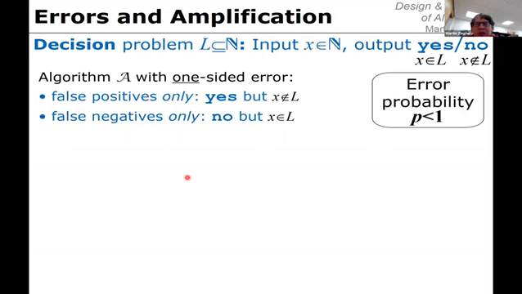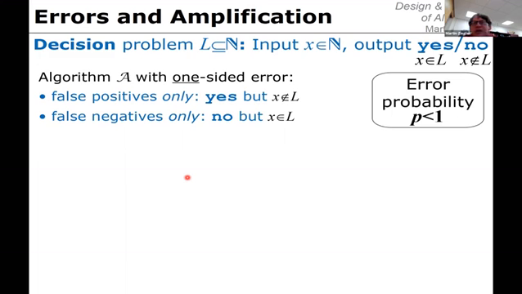That means the algorithm doesn't even look at the input, it just flips a coin anytime. Such an algorithm is of course useless. So the reasonable or useful algorithms have error probability less than 1, not necessarily very small, but just less than 1.